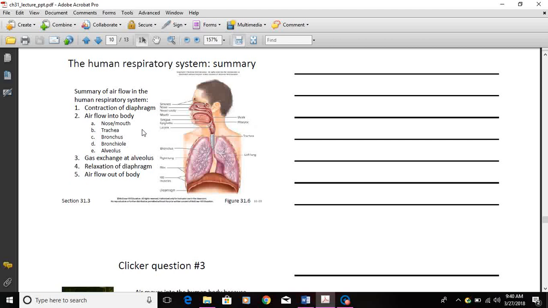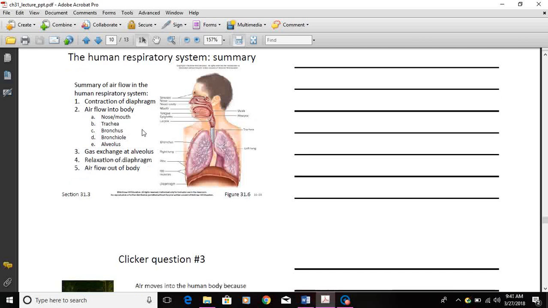From there, it's going to go down your trachea, which is your windpipe. It's going to go down the primary bronchi, all the way down to those little tiny itty-bitty bronchioles, and then to the alveolus. Then we have gas exchange there. You're going to relax your diaphragm, and then it's going to go up and in, and that's going to increase the pressure in your lungs, and the air is going to go out of your body.